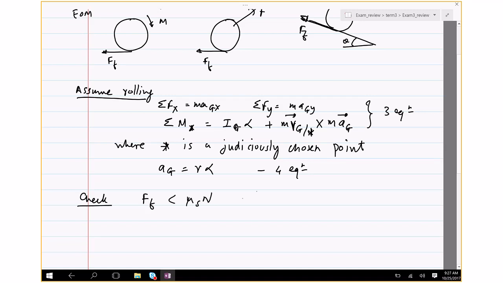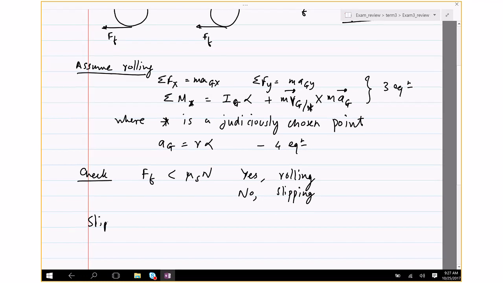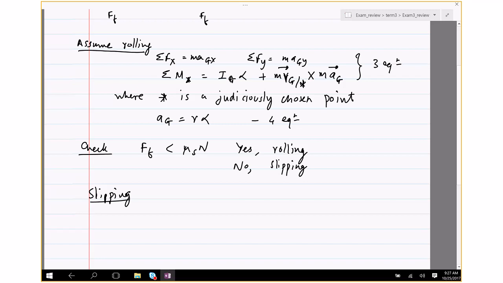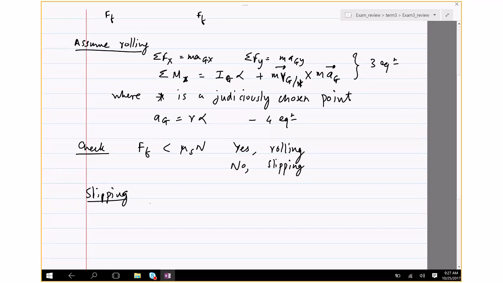Then you check if FF is less than mu s times n. If yes, rolling is right, and you stop. If no, it is slipping, so you have to re-solve this problem assuming slipping. You write the same equations, and moment about a judiciously chosen point is Ig alpha plus.